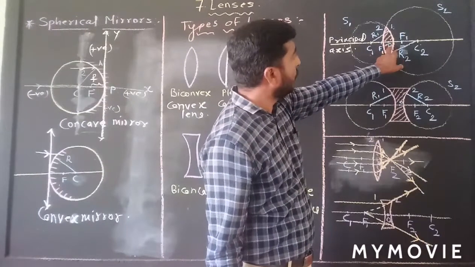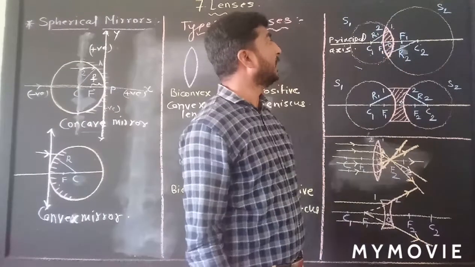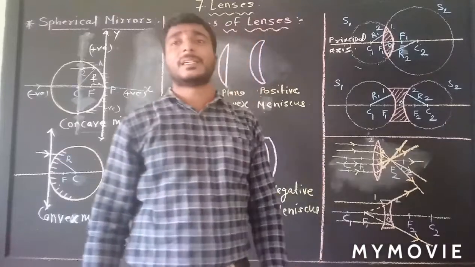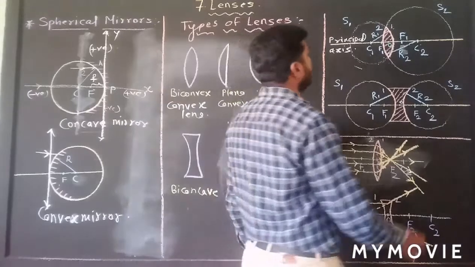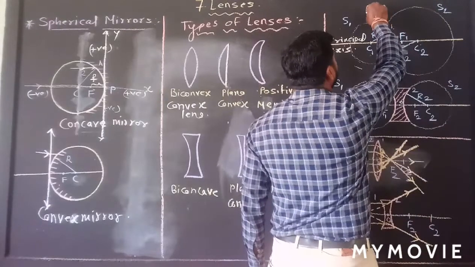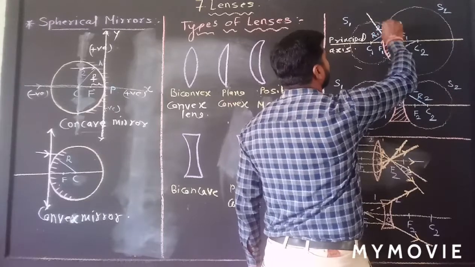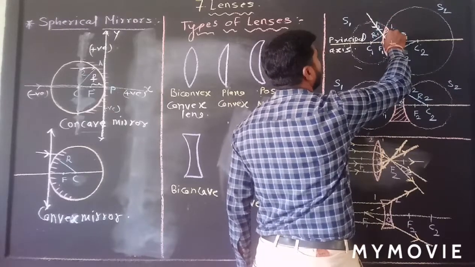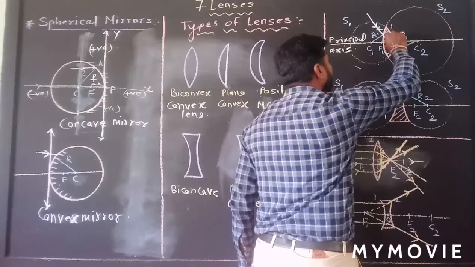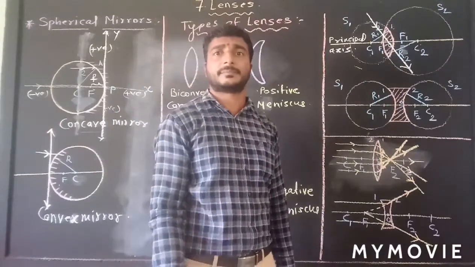Then here you will see O, the optical center. What is the optical center? The optical center is the center of the lens through which there is no deviation. If a light ray passes through the optical center, this is the incident ray coming from outside and falling on the optical center, after that it gets refracted in the other direction without changing its direction.